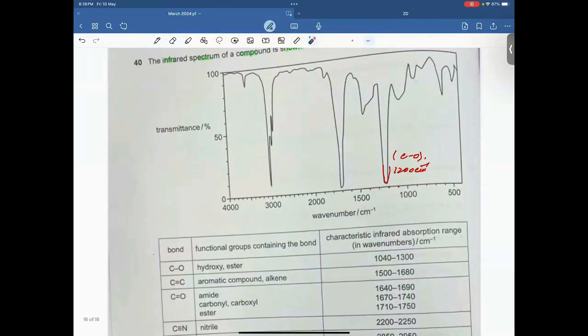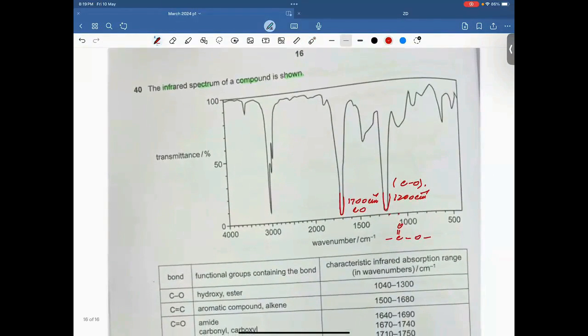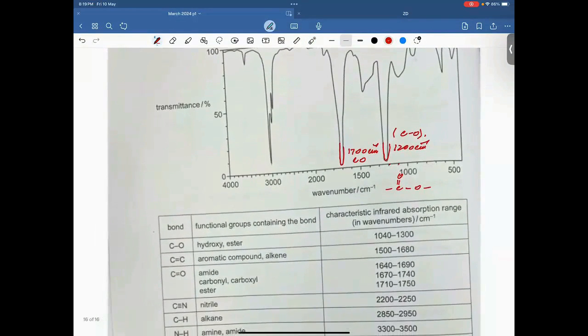So let's read the infrared spectrum again. This is 1500, 1600, 1700. So this peak at approximately 1700 indicates that we have a carbonyl group. If we have a C=O group and a C-O group, when these two combine together, you will get an ester. So that's the confirmation that we have an ester in this compound. How about this one?